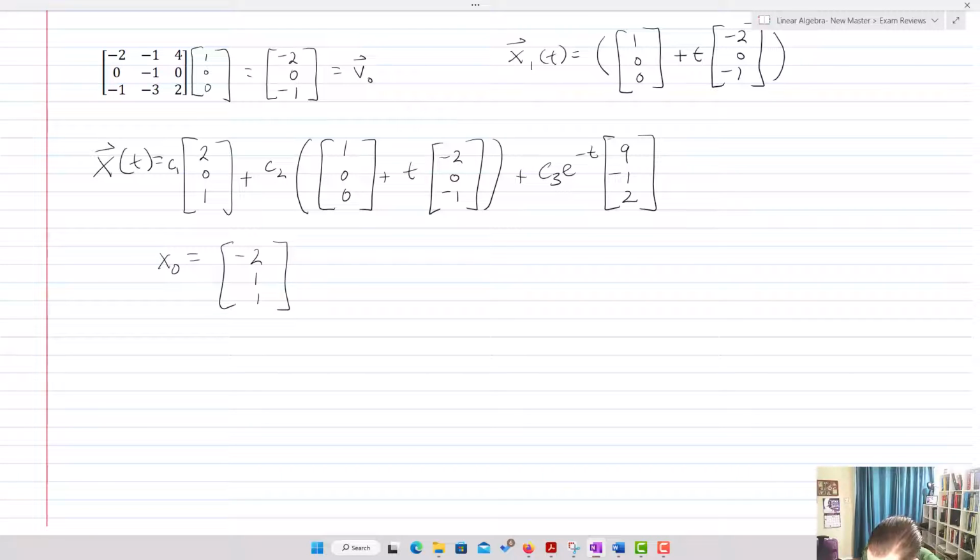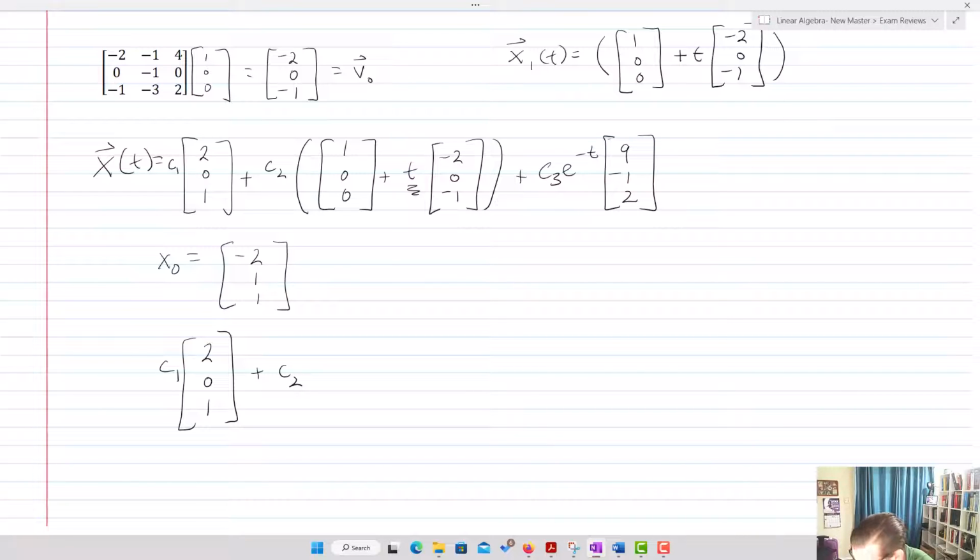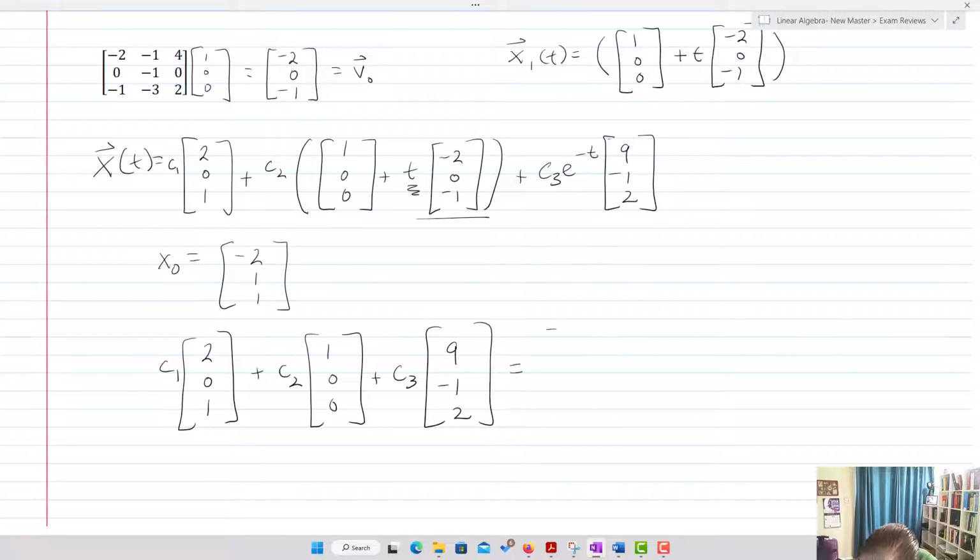I get C1 times 2, 0, 1, and there's no t in that piece. Plus C2, and the t, set equal to 0, zeroes out that vector, so we get C2 times 1, 0, 0. Plus C3, where e to the 0 is 1, times 9, negative 1, 2. And that we want equal to negative 2, 1, 1.